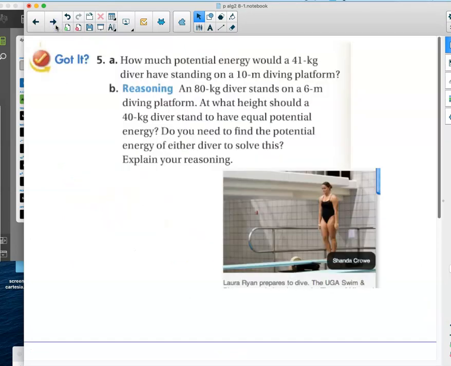Oh, I love this one. I almost forgot this was on here. I substituted the picture from your book, and the reason I did that is because that is a former Elk River student right there, Laura Ryan. I had her in class, oh my gosh, it's got to be almost 10 years ago now. She had just started diving here in Elk River.